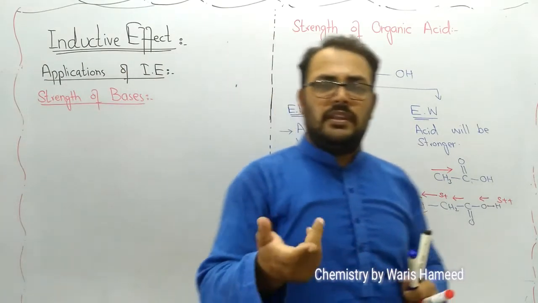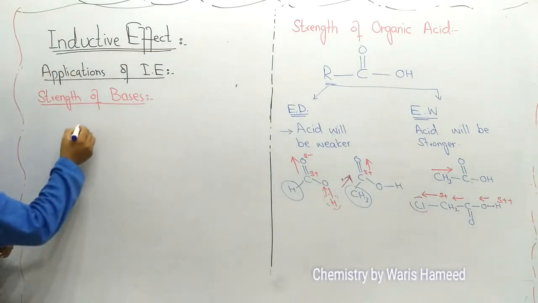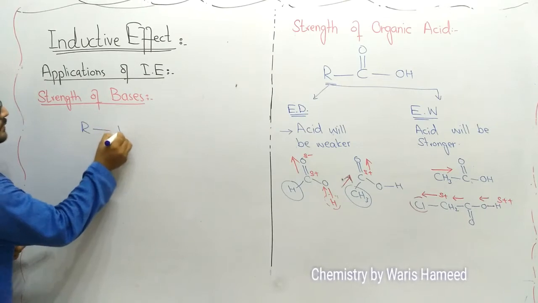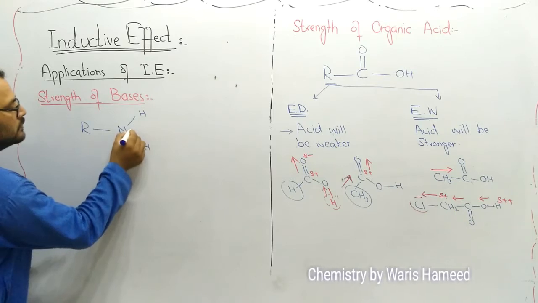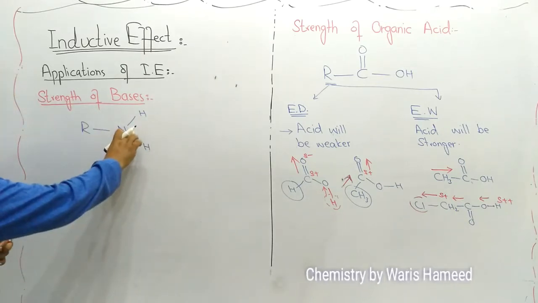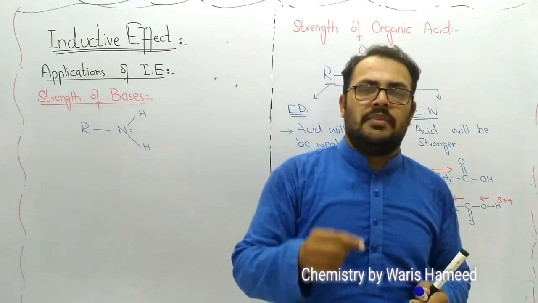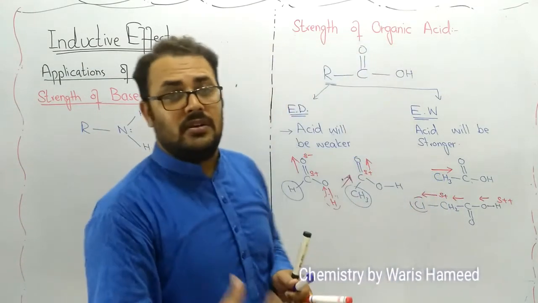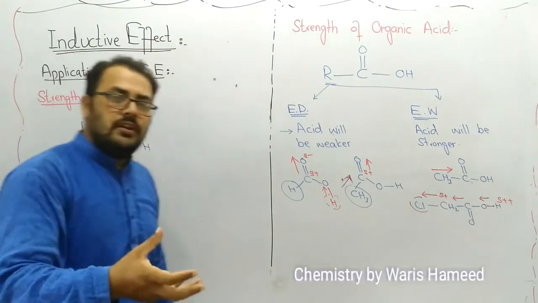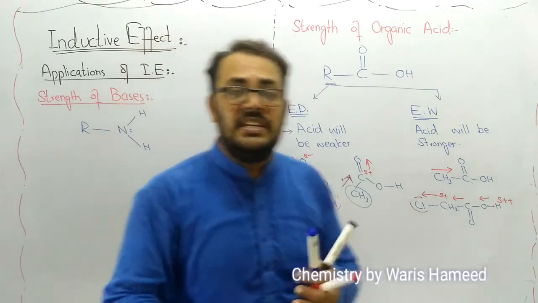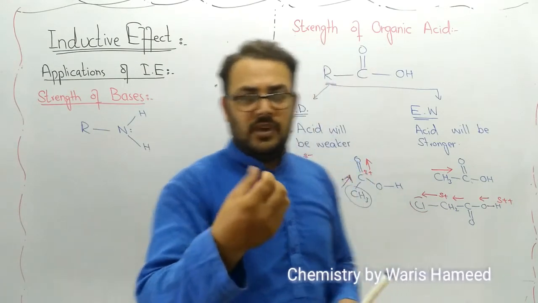For example, we have any amine or NH2. If we substitute a hydrogen atom in ammonia with any alkyl group or electron donating group, then we can say that electron donating group will increase the basic character of any compound.